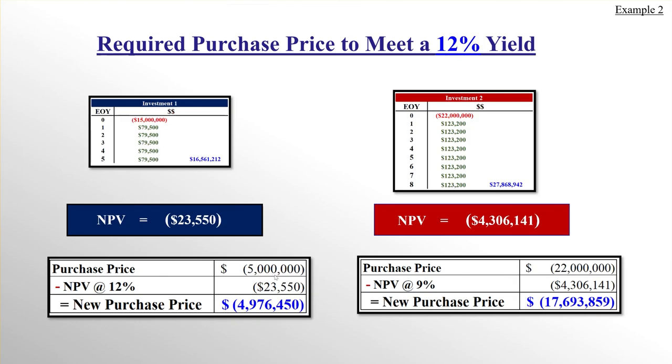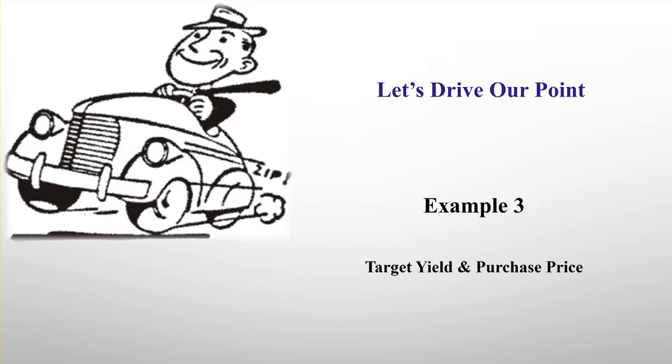Reducing our purchase prices by their respective net present values, we see that for investment one, we should pay no more than $4,976,450. And for investment two, we should not pay more than $17,693,859.